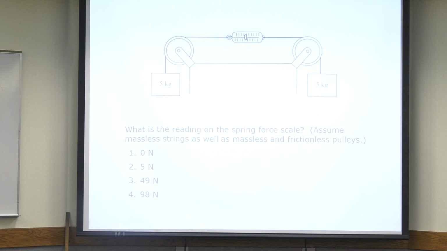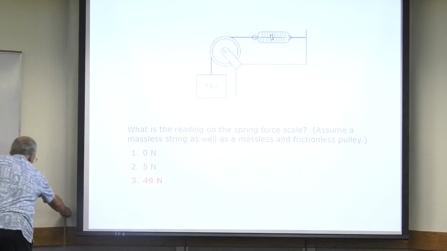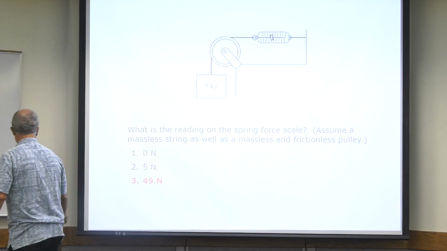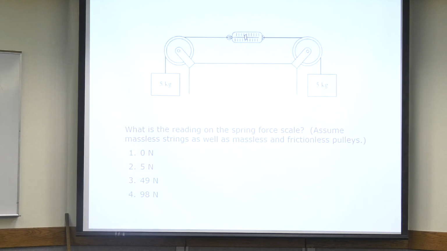All right, how about this one? Now notice what's holding this? The wall, right? So what is the reading on the spring force scale? Assume massless strings and massless, frictionless pulleys. Pause your video, figure it out.